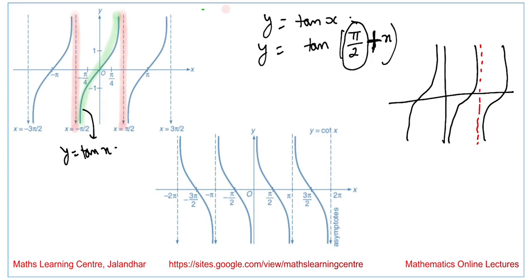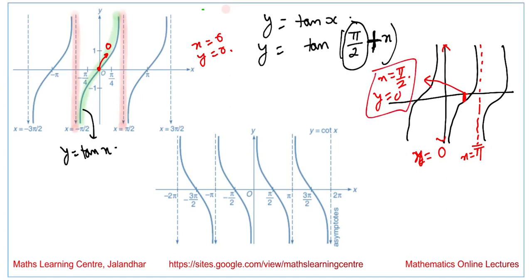Now this is pi, this is 0, corresponding to x equals 0, and this is x equals pi. When x equals 0, the value of y is 0. But now, when x equals minus pi by 2, the value of y is 0.